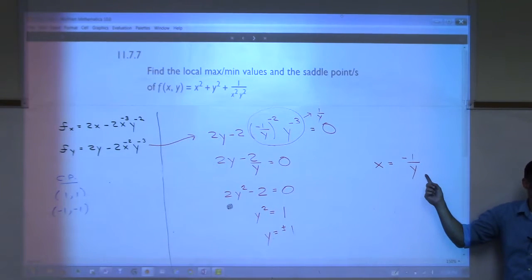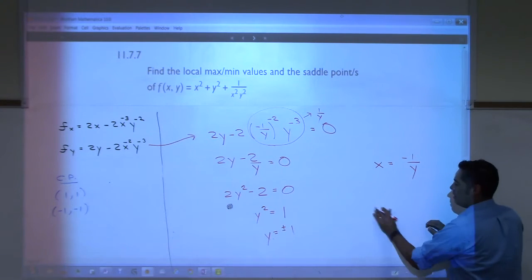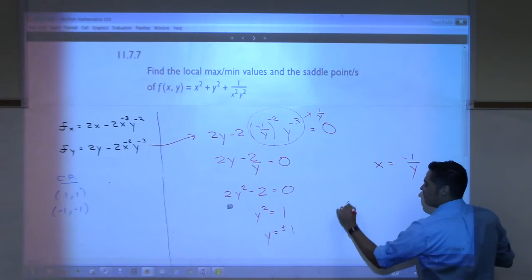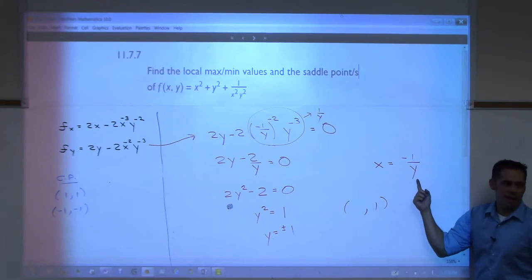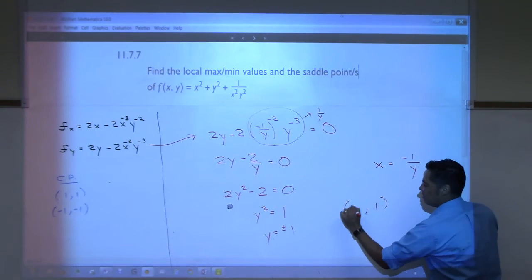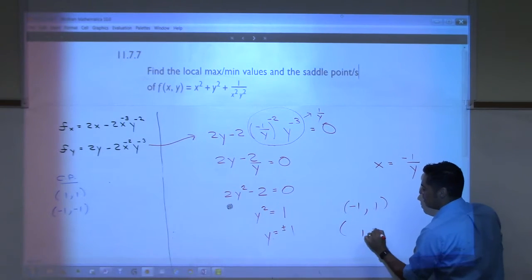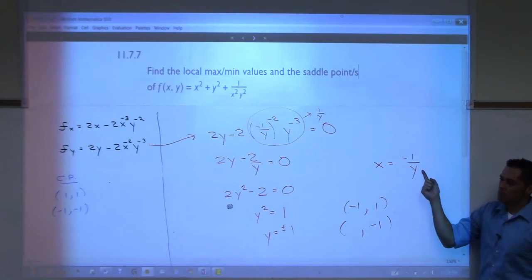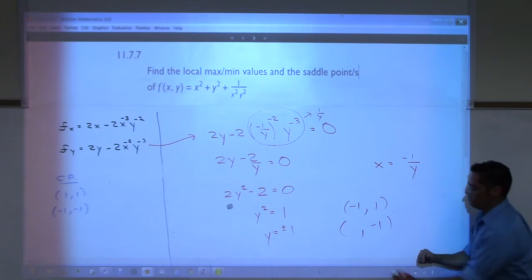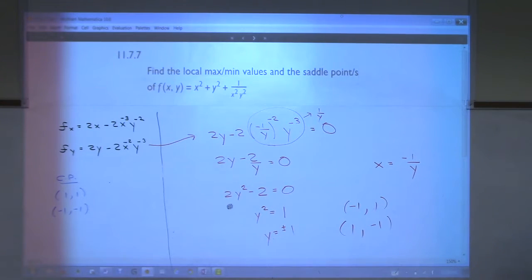This was our relationship between x and y. So if I replace y with 1, right? If I use the 1 here, if y is 1, then what's x? Negative 1, right? If y is negative 1, then what's x? Positive 1. So they are not the same points, are they?